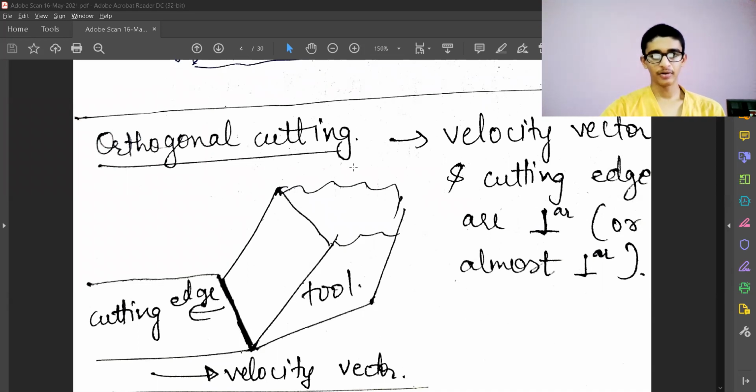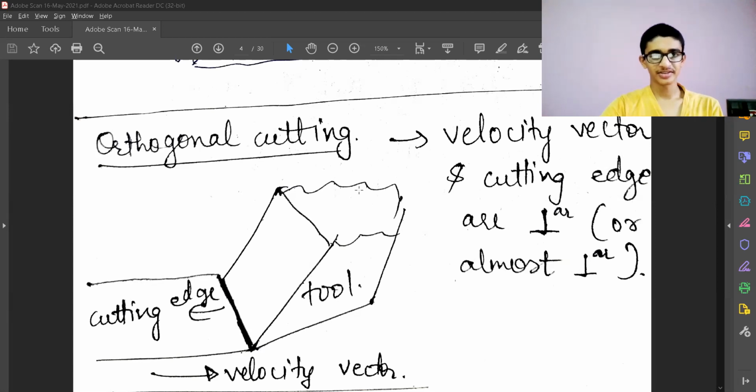They are generally non-orthogonal, but the orthogonal cutting models with respect to chip formation and the cutting forces involved are very simple. Initially all the modeling will be done by assuming orthogonal cutting, and later we can introduce factors such as side cutting edge angle, which is the major factor that can take into account the non-orthogonality in the orthogonal cutting models directly.